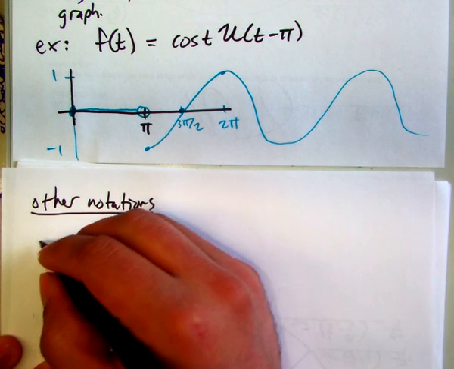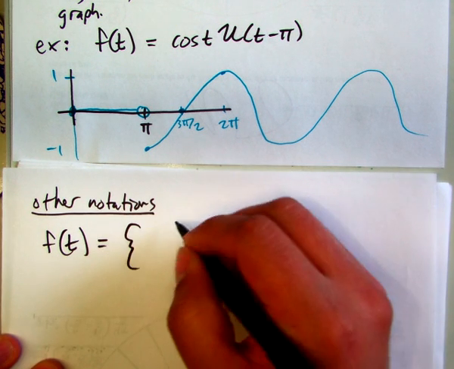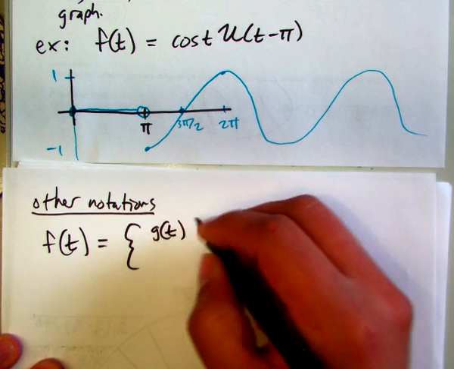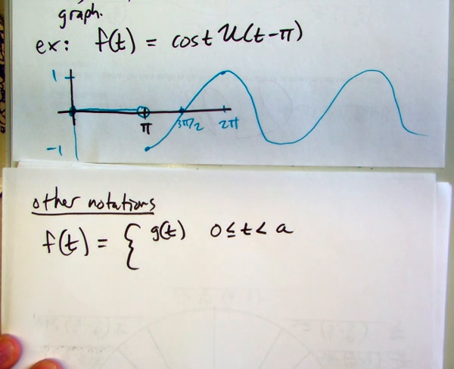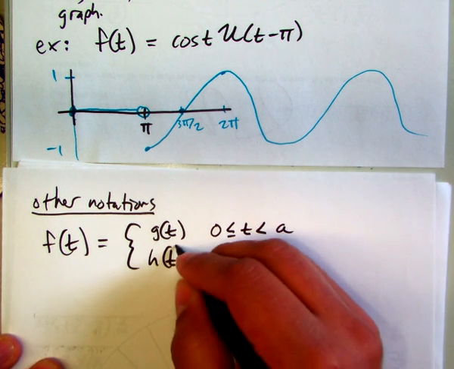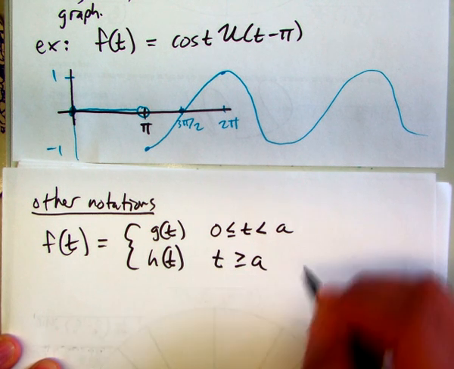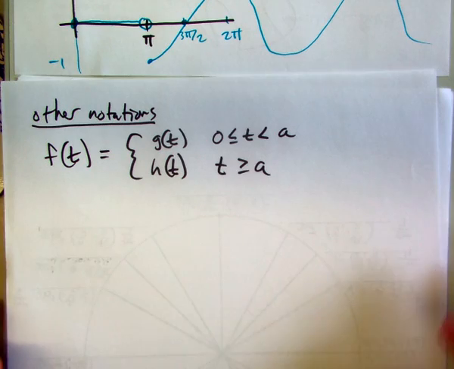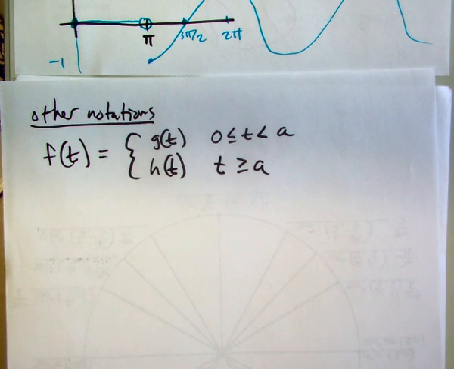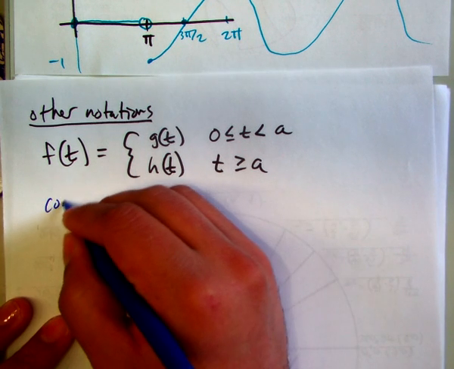so for example, if f of t is defined as some function g of t from 0 to a, and then some other function h of t from a to infinity, here's what we can do to write it in compact form.